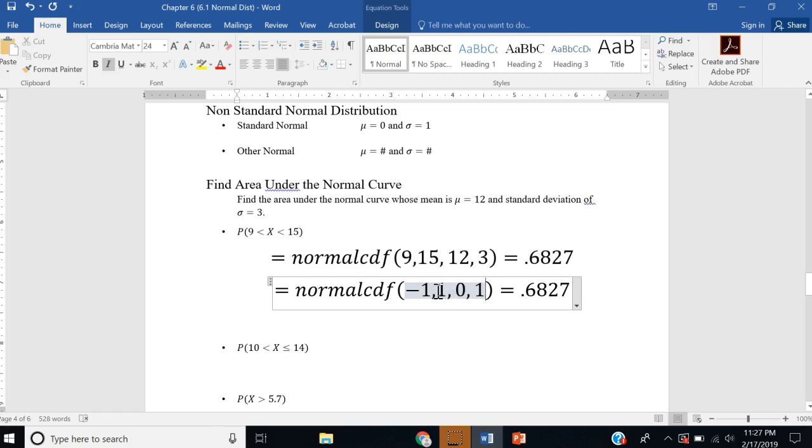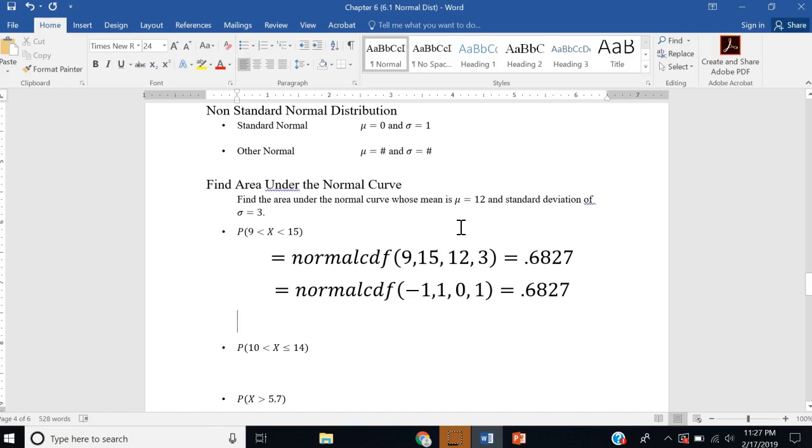So you would have gone lower -1, upper 1, 0 is the mean, standard deviation is 1. Hopefully you remember that. Here's the reason I bring this up: 9 is one standard deviation below 12, and 15 is one standard deviation above 12.